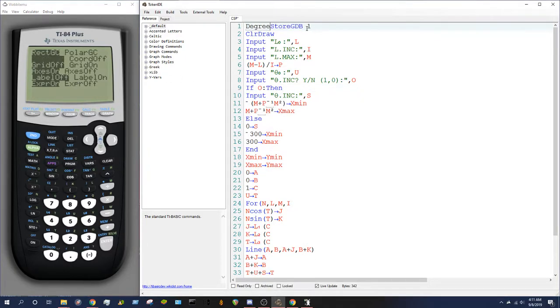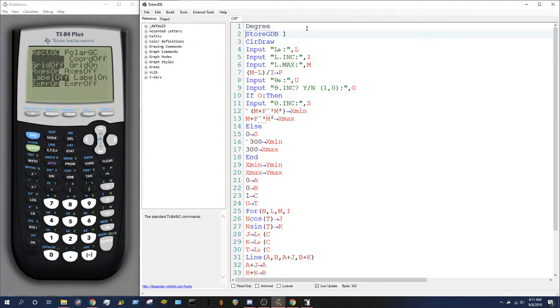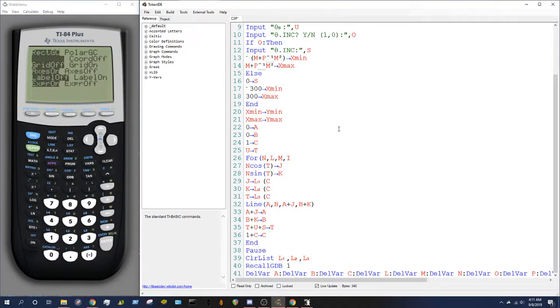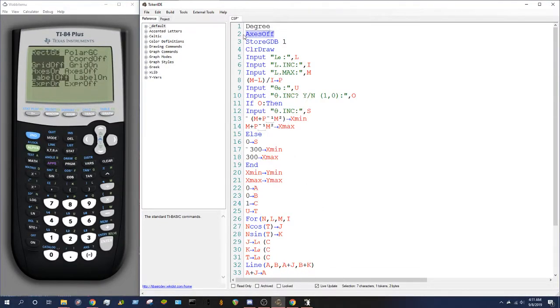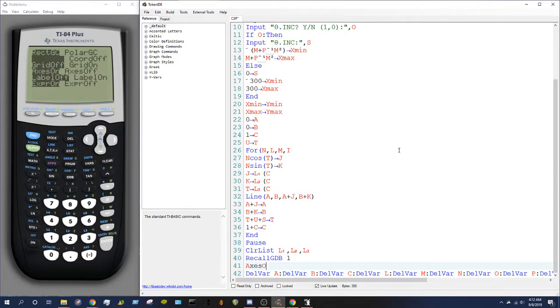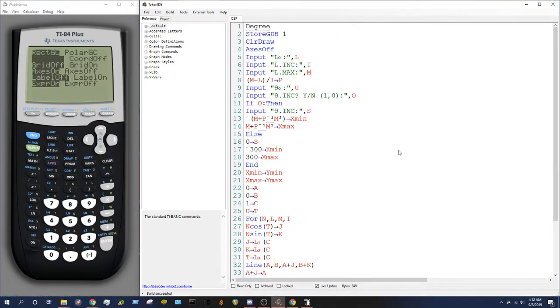Just say axes off. Axes off. No, I want to do that after I clear draw. And then recall GDB, and then hopefully axes on. Okay.